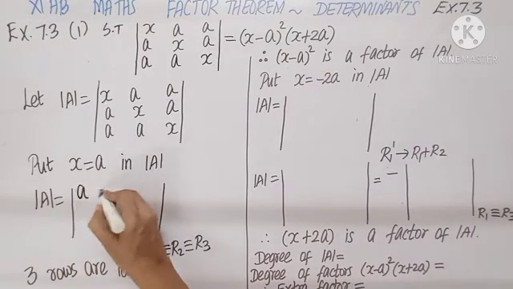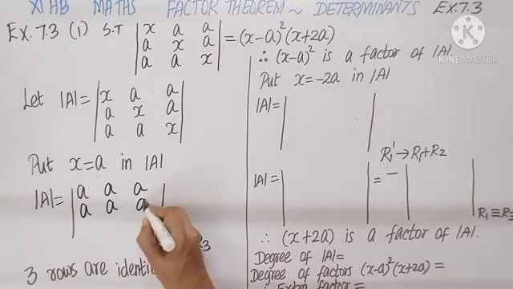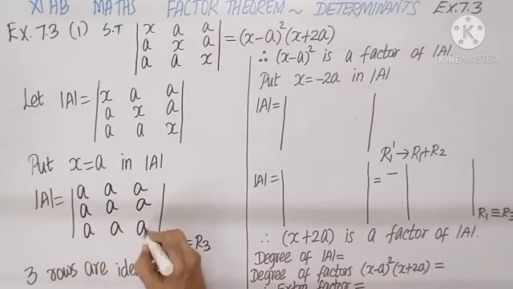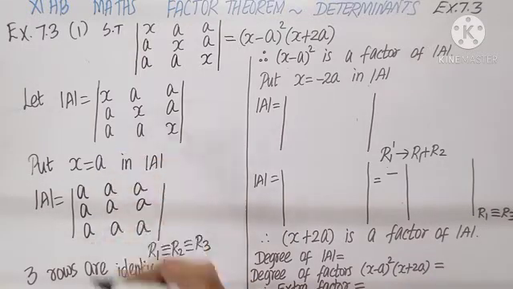So it becomes A, A. As I look out, 3 rows are identical. Whenever 2 rows are identical, x minus A is a factor.